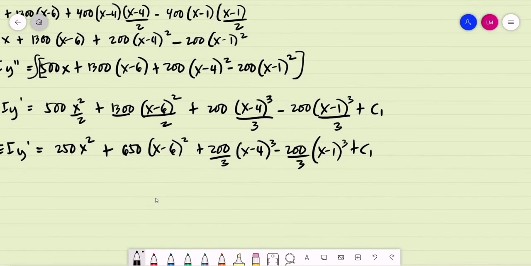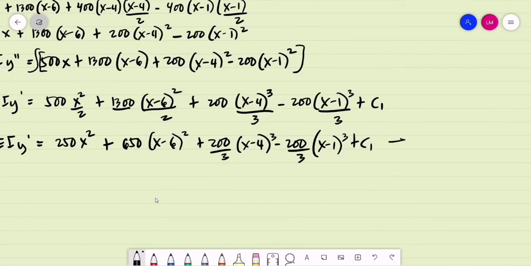Take note that this is the slope equation.